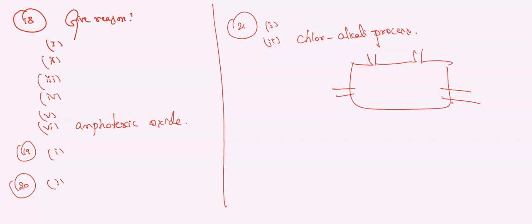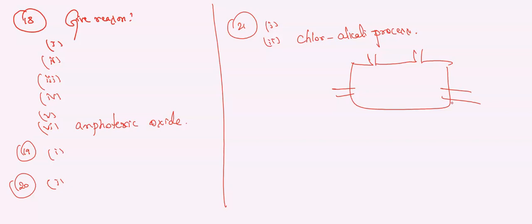Earthing is necessary for the appliances with metallic body. Why?